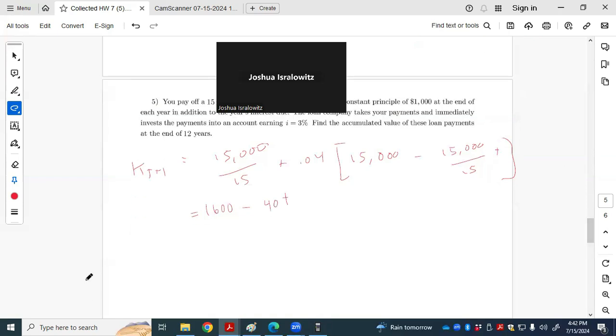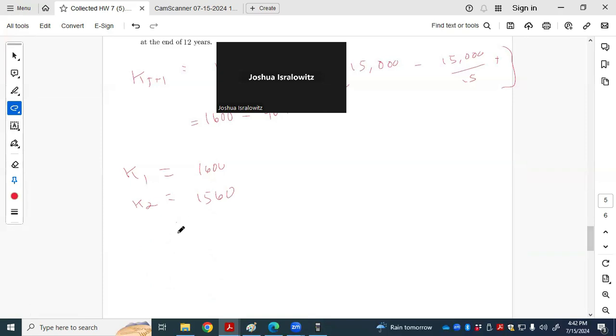Okay, K1 at t equals 0 is 1600. K2 at t equals 1 is 1560. Yeah, that's right, 1560. And we're going to do this exactly like we did before.